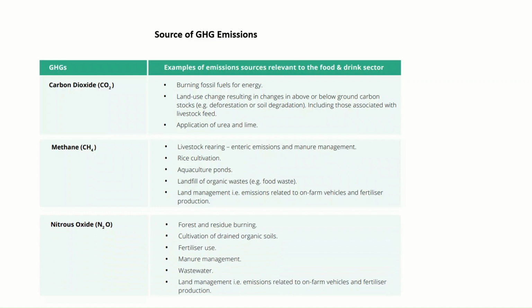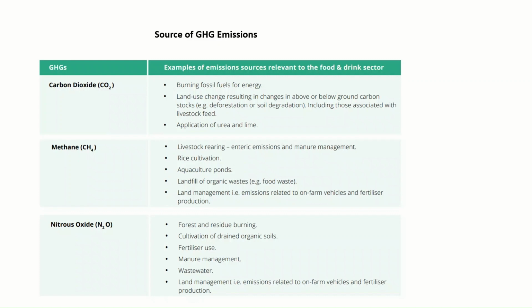The other one is nitrous oxide. Nitrous oxide comes from forest and residue burning. When we burn the residue that remains on the ground after farming, that produces a lot of nitrous oxide, which causes climate change. The other one is the cultivation of drained organic soil. Fertilizers are one of the major reasons behind nitrous oxide, because they contain nitrogen as a main nutrient.